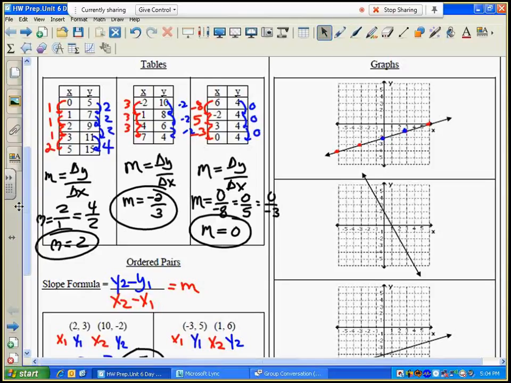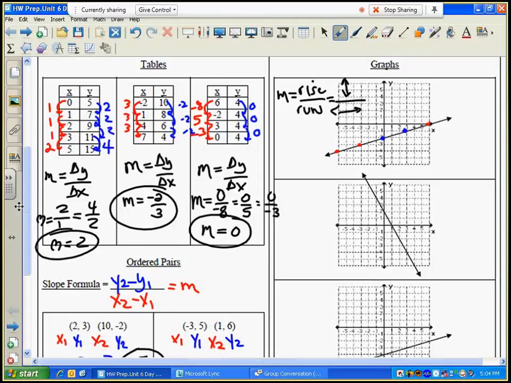And what I want to use is my rise over run. So I want to figure out how much I'm going up or down and then side to side in order to get from one dot to the next.